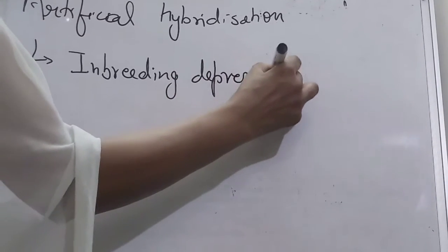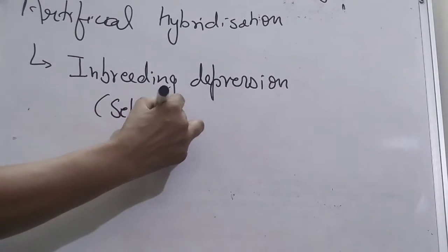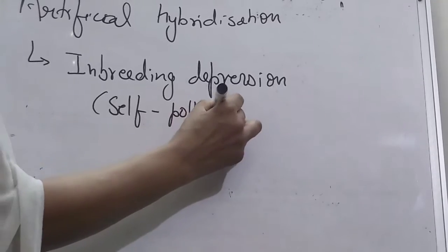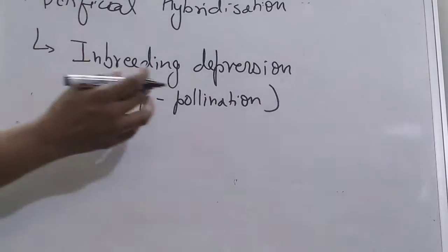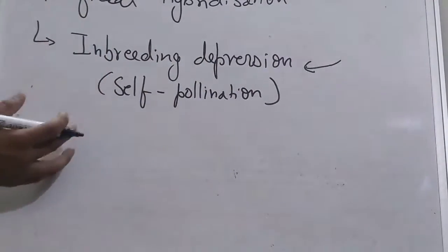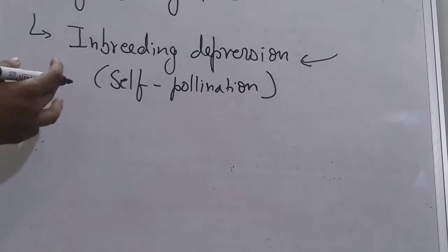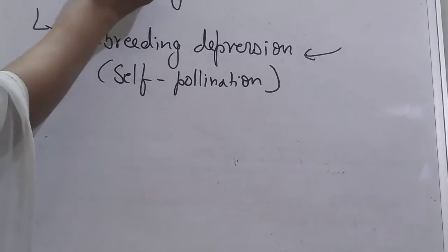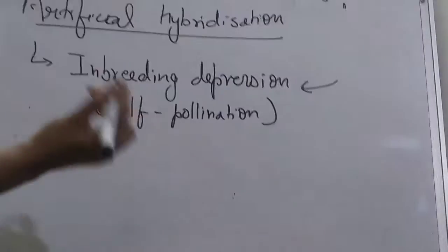Whenever there is continuous self-pollination, we see that the species or plant goes into inbreeding depression. A homozygous state is there, so resistance power decreases and yield decreases. So a farmer developed artificial hybridization. What is involved?